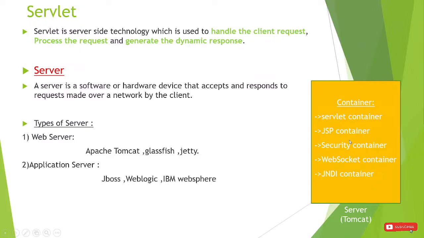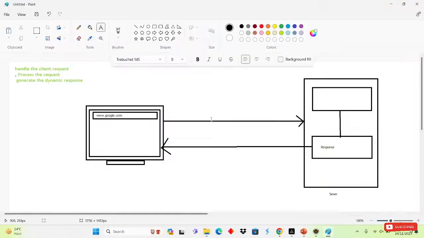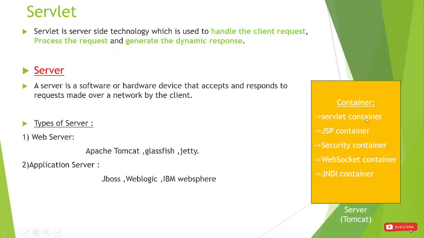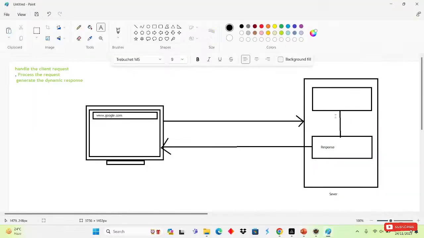Suppose this time we have created a servlet, so what will it do? It will send the request, and it will see that this is a servlet. So who will handle that? That is the servlet container. The servlet container first accepts the request, then the request is processed by the servlet, then it will generate the response, and that generated response is sent back to the computer. And this generated response is of which type?